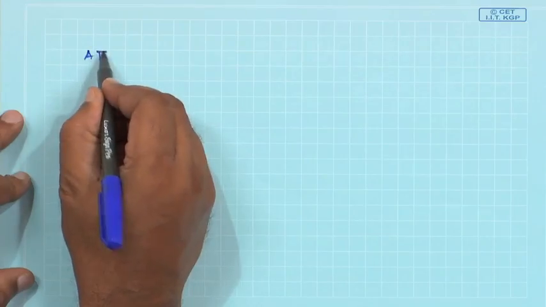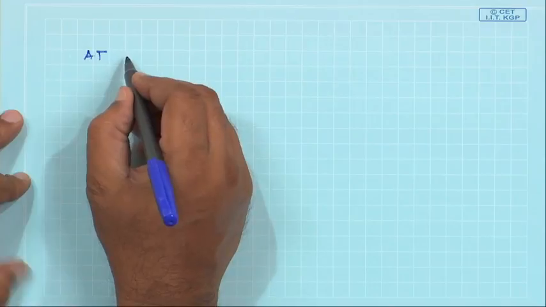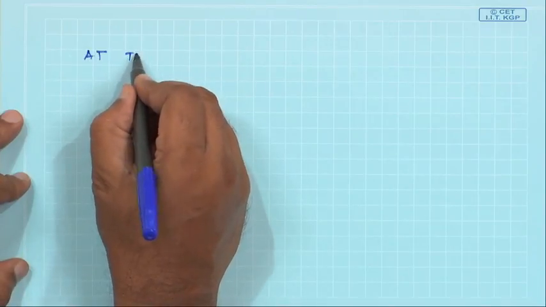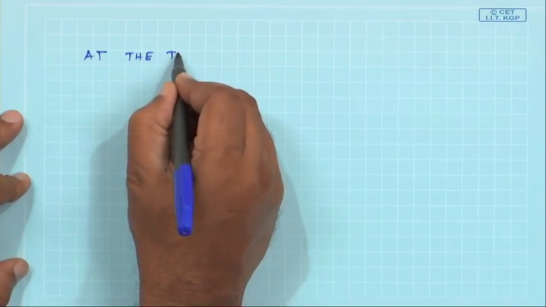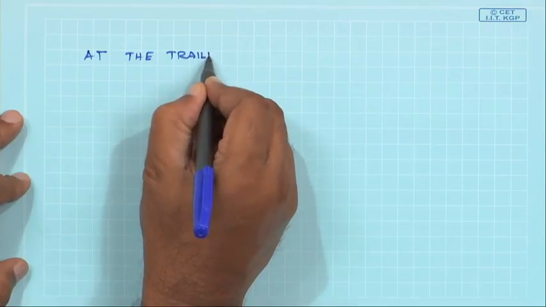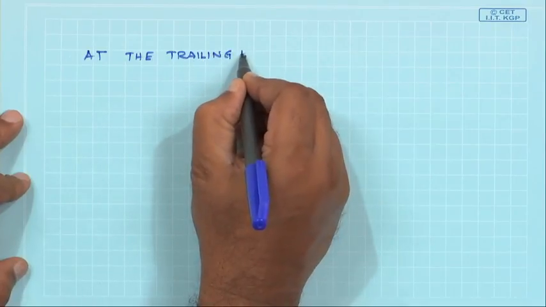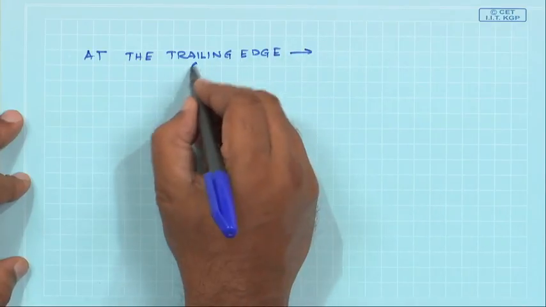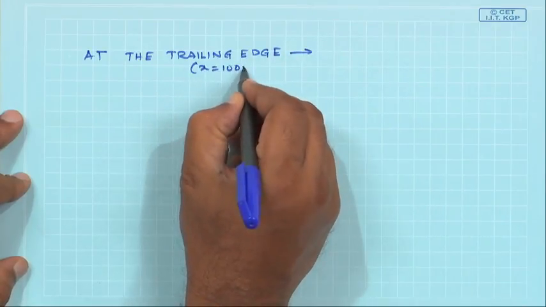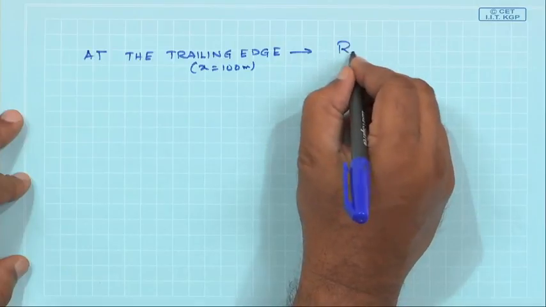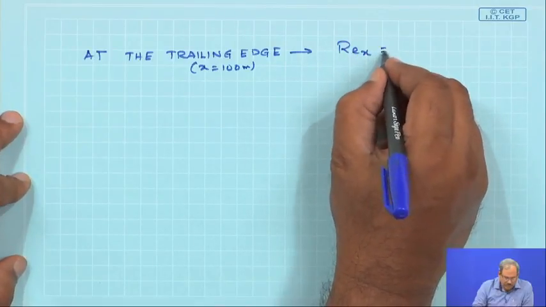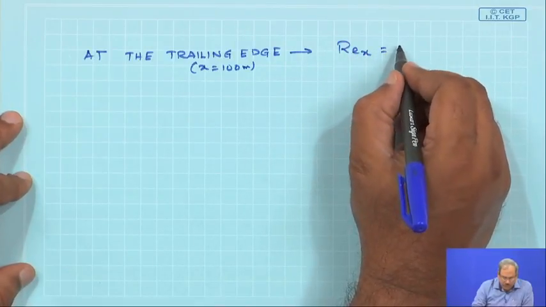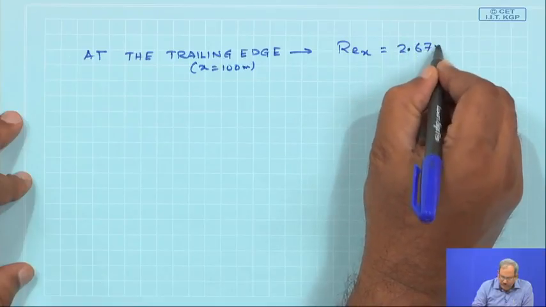Now, let us concentrate on part 2, where it says at the trailing edge. If you calculate the value of, that is at x equals 100 meters, the Reynolds number, you would see that the Reynolds number would turn out to be 2.67 into 10 to the power 7.